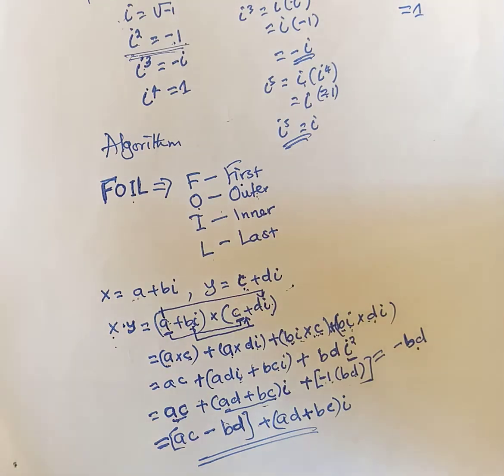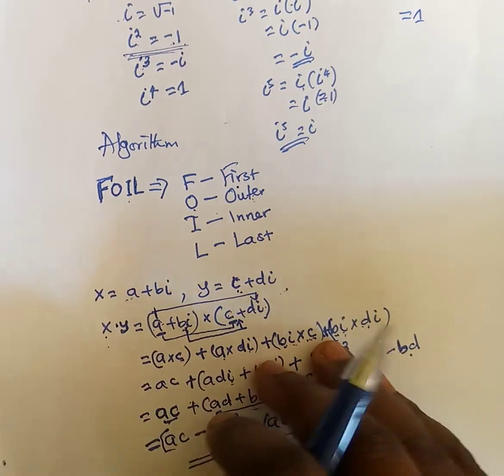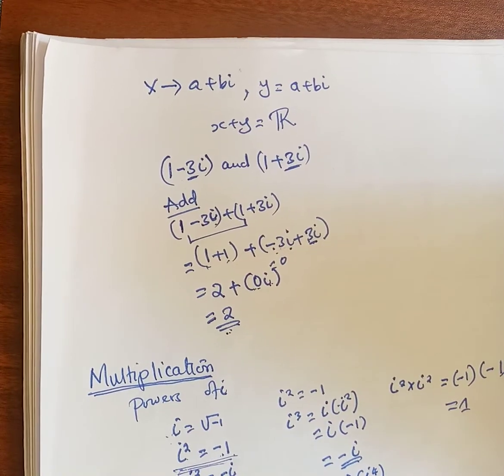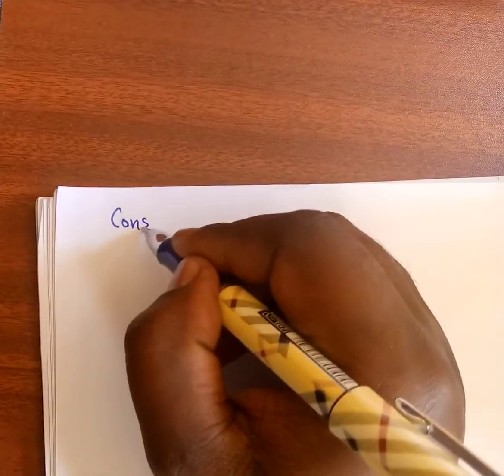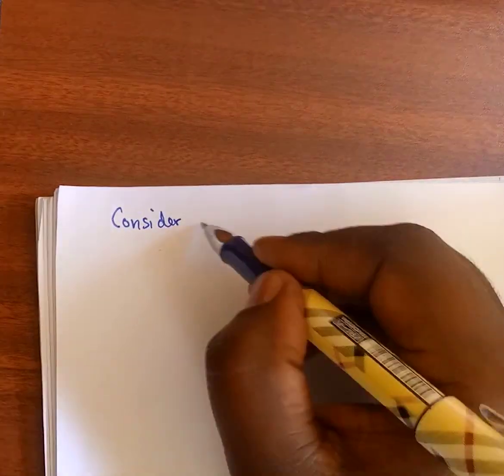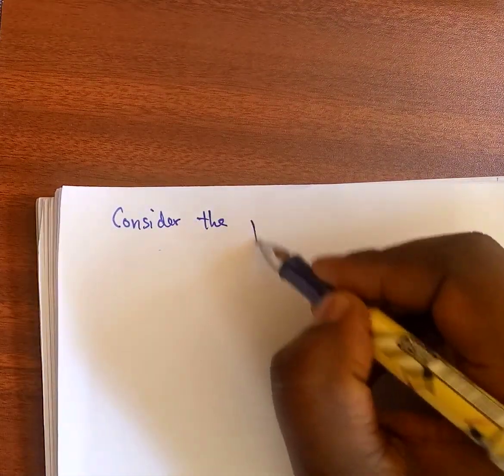Now, maybe more specifically, we can choose actual numbers instead of a, b, c and d. For instance, consider the product.